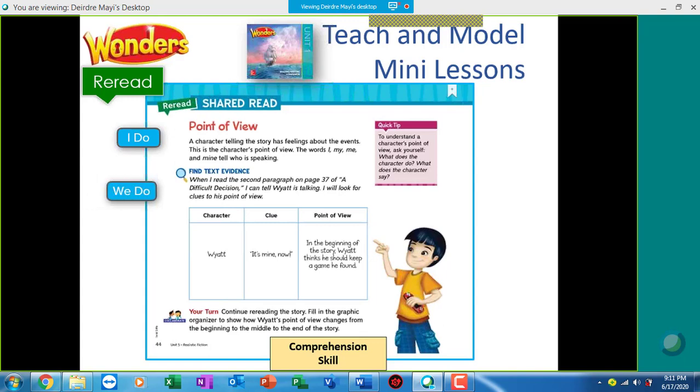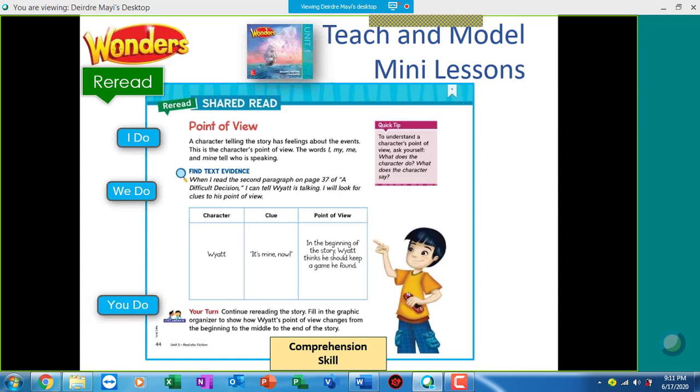This is where you and the students are going to go back into a particular portion of the text together. And together you will discuss why this graphic organizer has been filled in the way that it has been filled in. But then you're going to see that there is a you do.